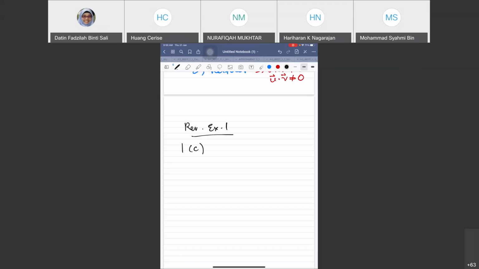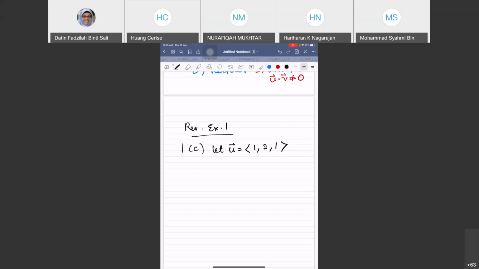So you are given two vectors. Maybe I can just straight away write this. Let one vector u be given as i plus 2j plus k. So that means 1, 2, and 1. This is one vector given.